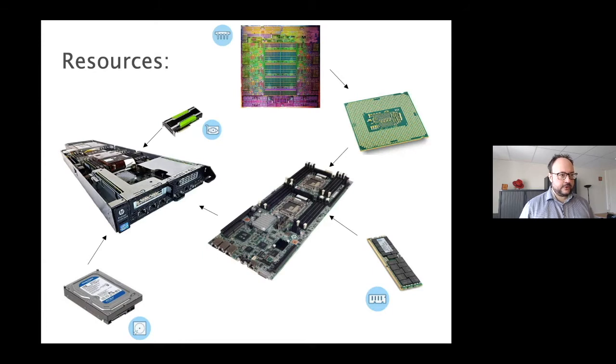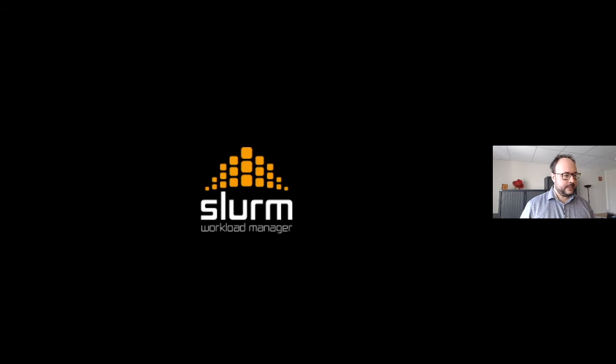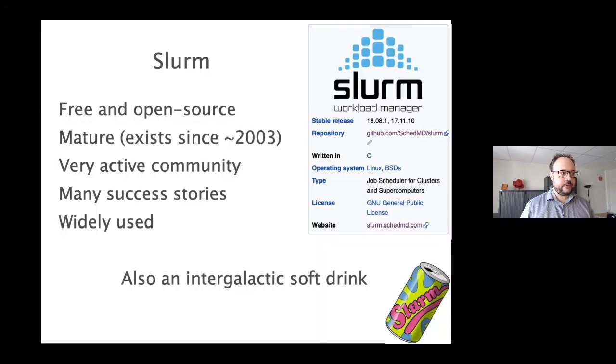So all those components are managed by the resource manager, and in our case, the resource manager is Slurm. Slurm is a piece of software which is free and open source. It's quite mature because it exists since approximately 2003. There's a very active community, and there are many success stories.